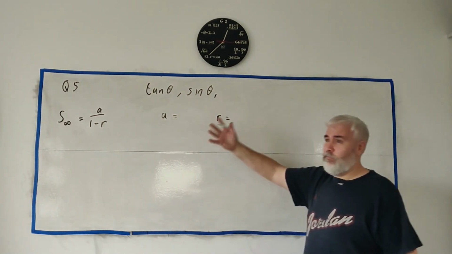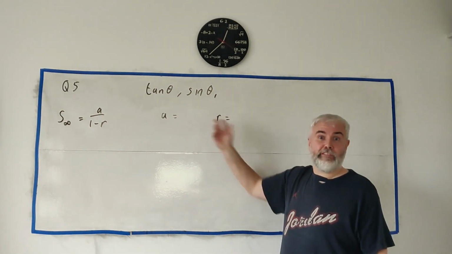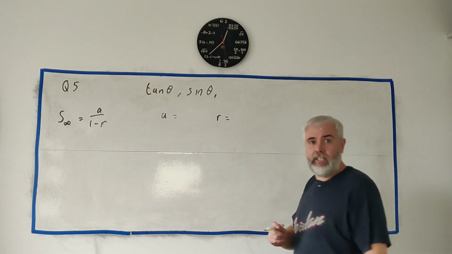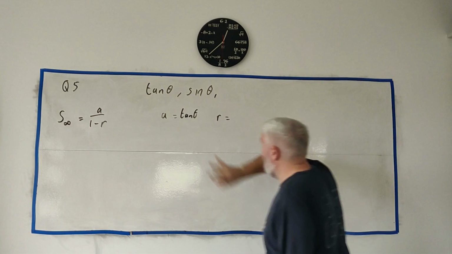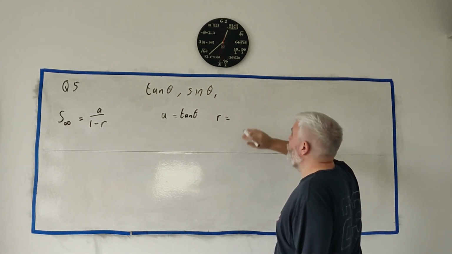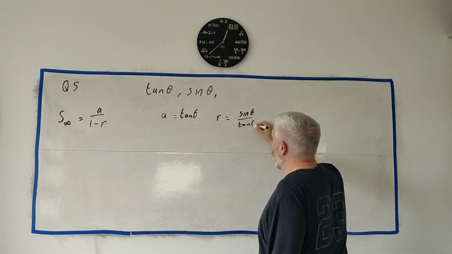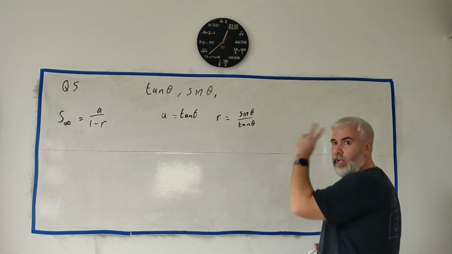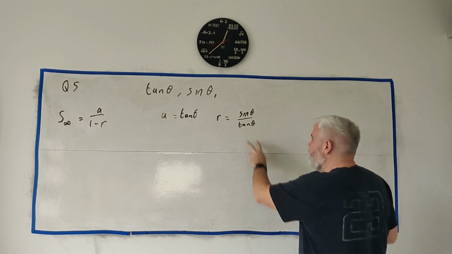The only exceptions to that is sometimes they give us different things and we work backwards to find these ones. So they haven't given us any theta. So a is just tan theta, r is sine theta divided by tan theta. This one should be ringing a few alarm bells, or maybe a light bulb, in your head.